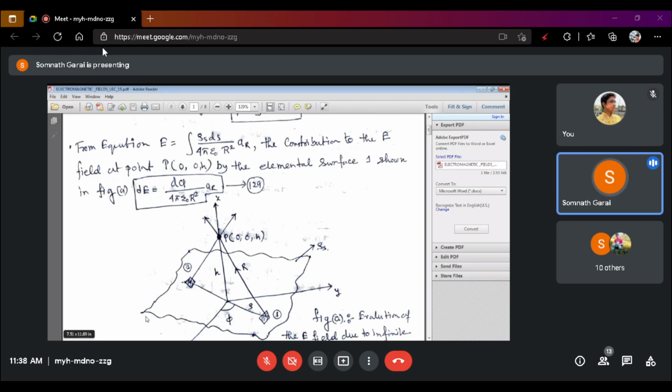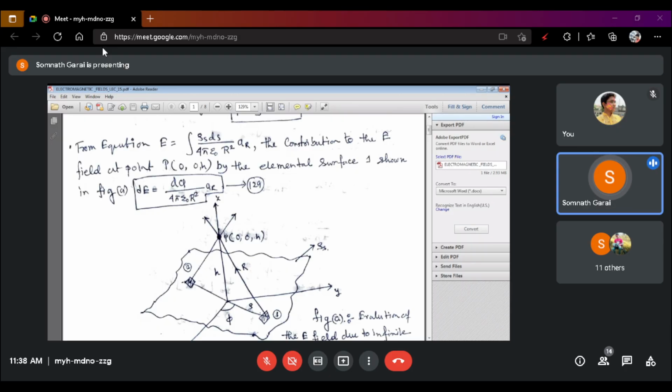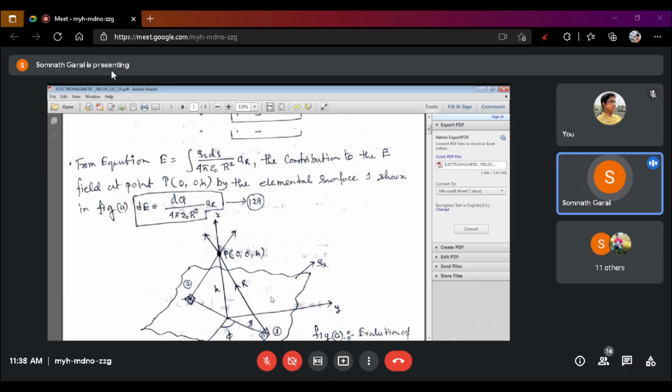So our desire is that we have to calculate the electric field intensity E at the point P, which is situated in the z axis, whose vector coordinates are 0, 0, h with respect to this infinite sheet or infinite area. Okay.